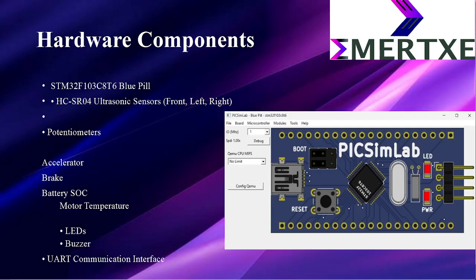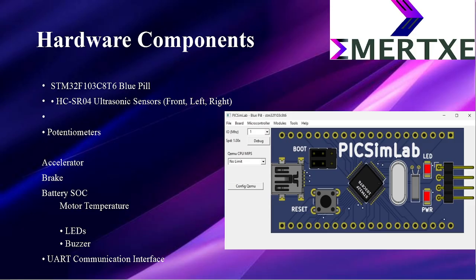This is about the hardware components that I have used in the simulation environment. Even though this project was simulated, it follows the same hardware structure as a real embedded system. The main controller is the STM32 F1 series Bluepill microcontroller. Three HC-SR04 ultrasonic sensors are used to detect obstacles in the front, left, and right directions.